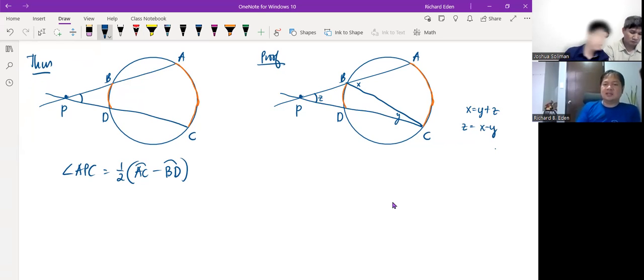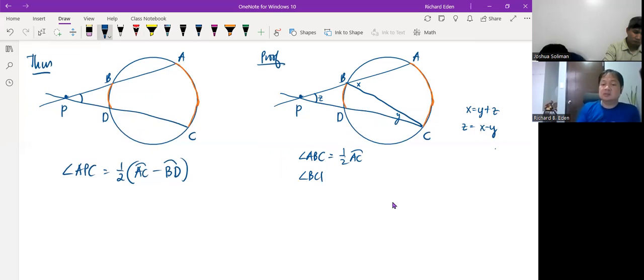Now, X, that's angle ABC. Angle ABC is inscribed for arc AC, so this is half of arc AC. As for Y, which is angle BCD, this is half of its corresponding arc BD.